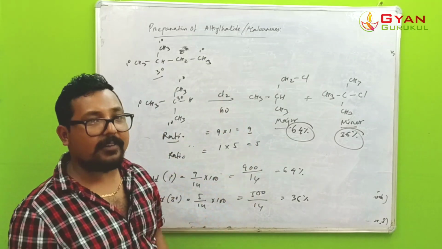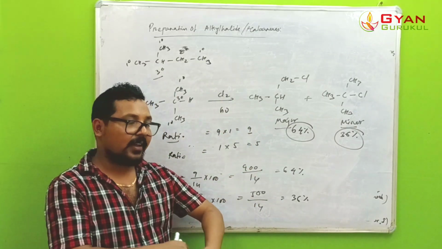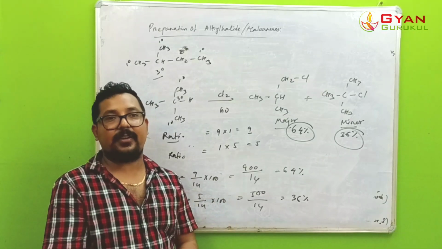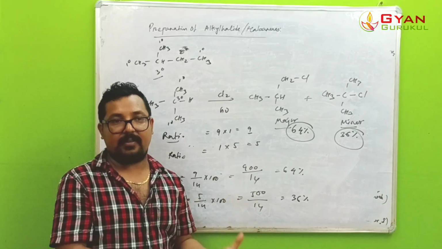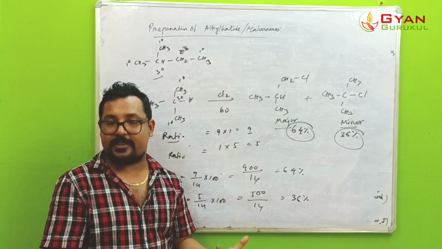From this ratio we can determine the product when an alkane reacts with halogen in presence of light.